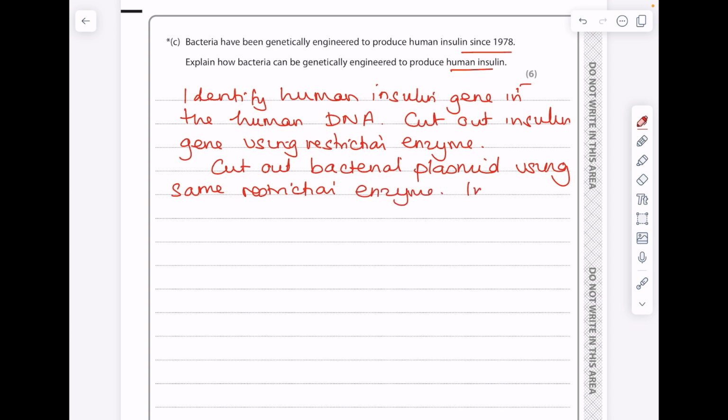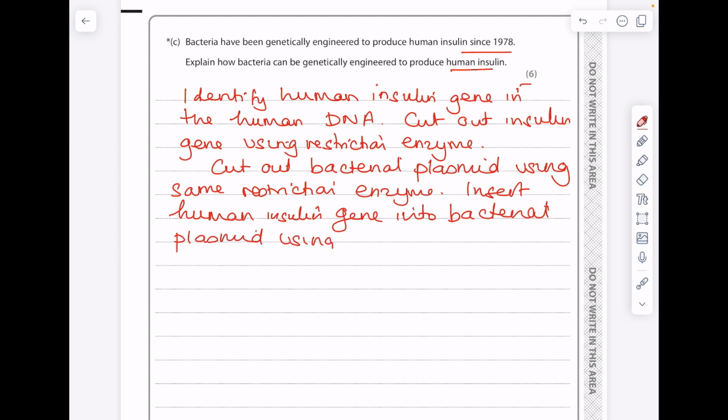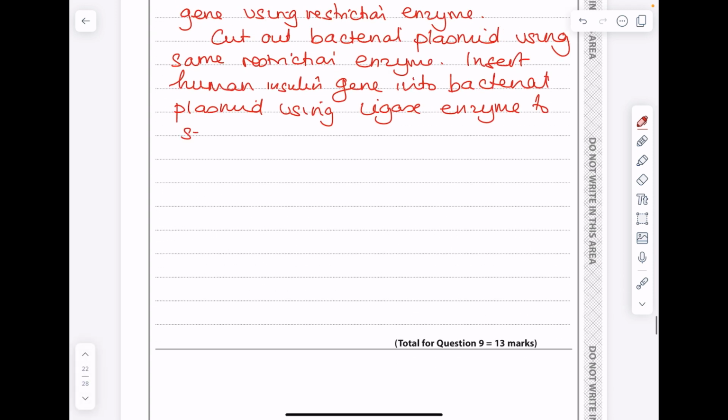Insert the human insulin gene into the bacterial plasmid, this time using a ligase enzyme to seal the sticky ends. You have to learn this off by heart.